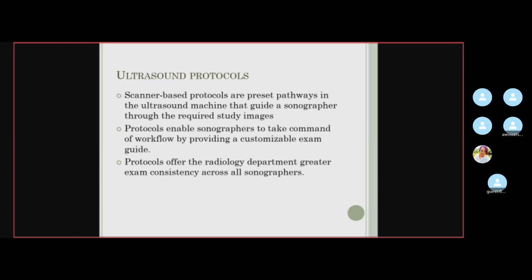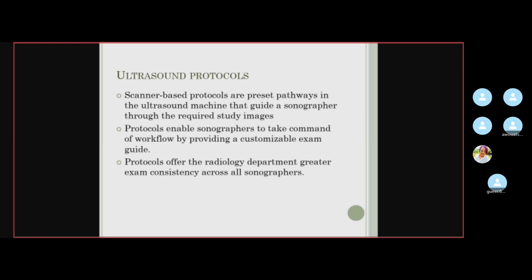Can anyone tell me? The convex or the curvilinear. Curvilinear probe, correct. Why are we using convex? Because we have to scan deeper. Yes, madam, we will be using the convex probe.